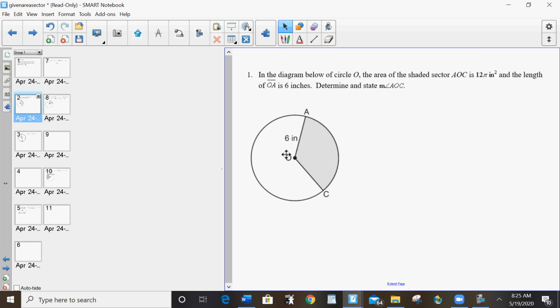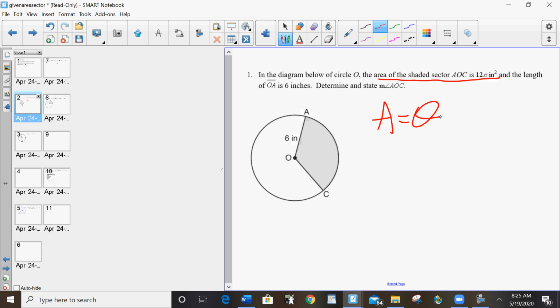So, in the diagram below, circle O, the area of the shaded sector is 12 pi. Area of a sector: theta pi r squared over 360. So A is 12 pi. It says that OA is 6.